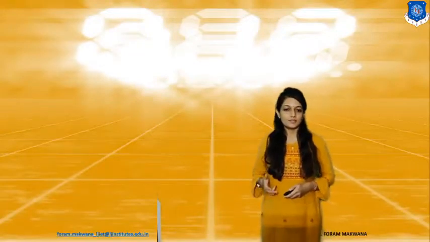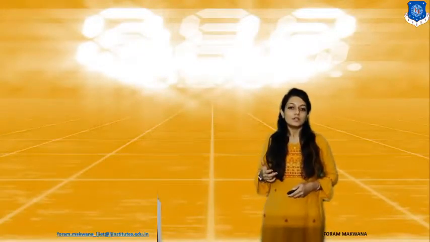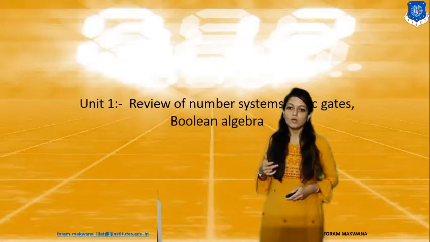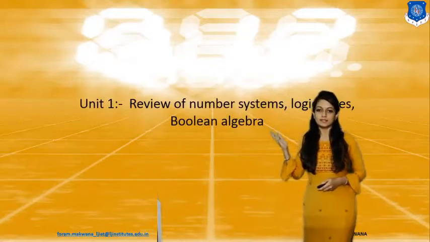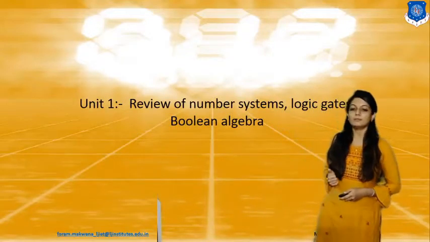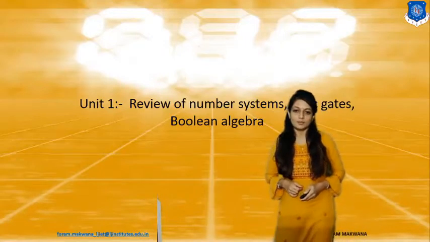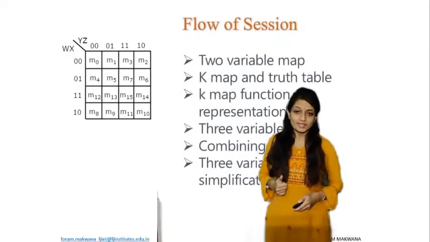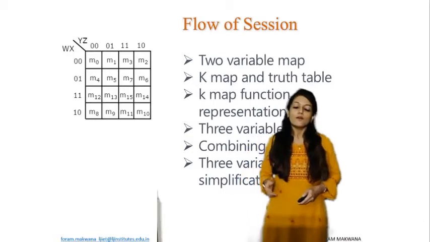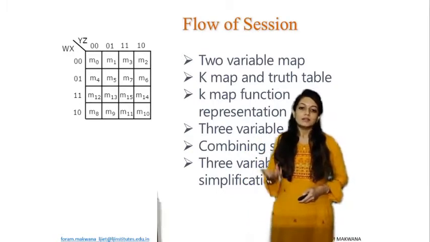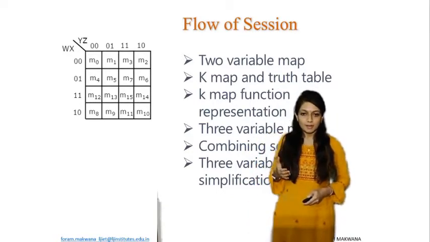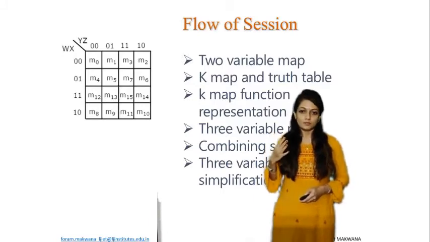So in the last session we have studied the different K-map rules from unit number 1, that is a review of number system, logic gates and the Boolean algebra. In today's session we are going to study different variable K-maps, like 2 variable, 3 variable and 4 variable.